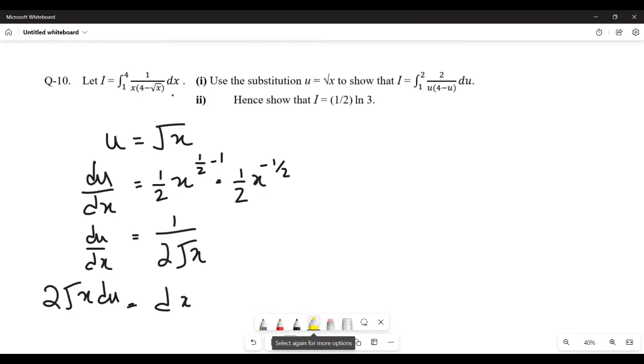However, we can replace this square root of x with u. So dx is 2u du.